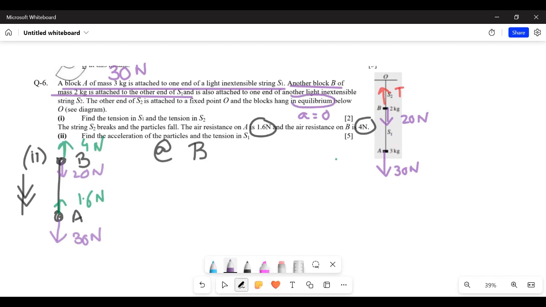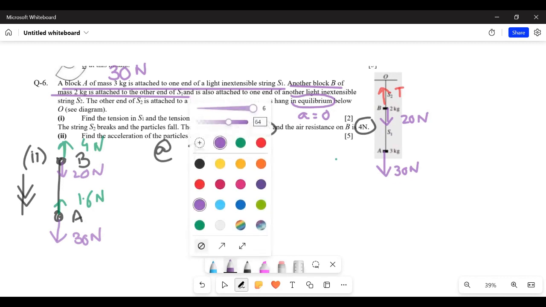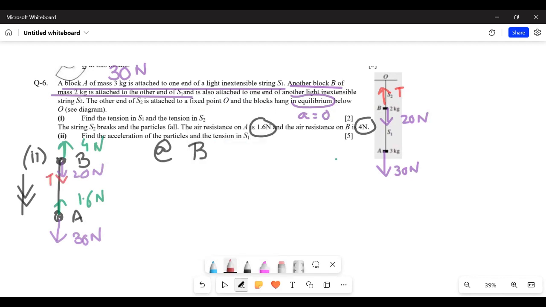Okay. Then, since there's a string here, that means there's tension here. So from reference of B, the tension would be pointing downwards. And from reference of A, there's a tension pointing upwards, because tension is always pointing away from the mass. So at B, the tension is downwards. At A, the tension is upwards.